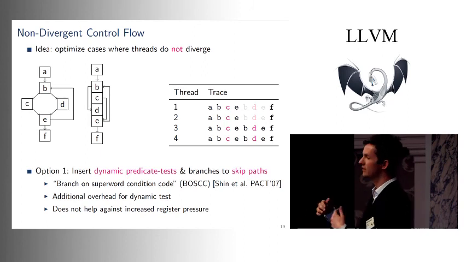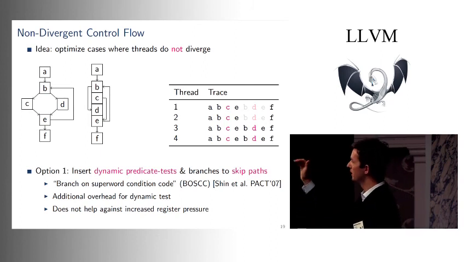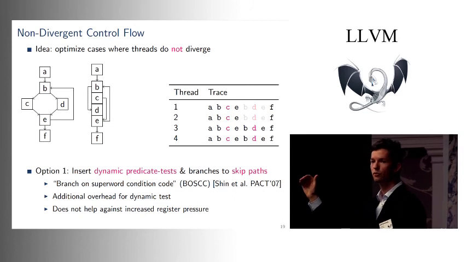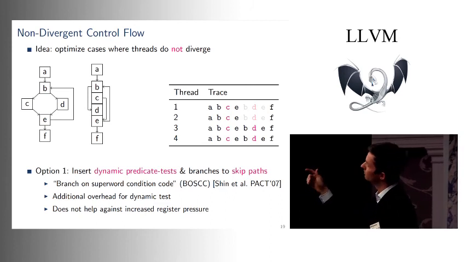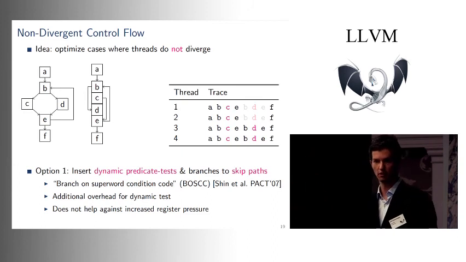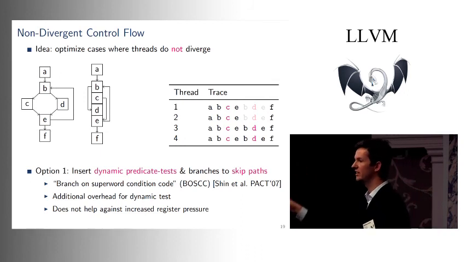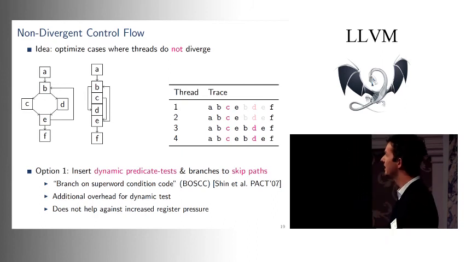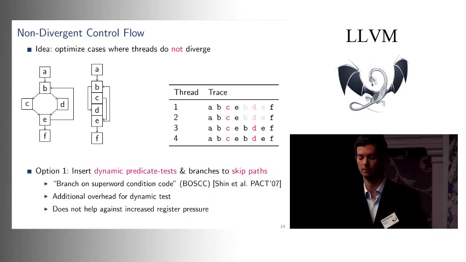That means you test at runtime the mask in block B and see if it's entirely true. If it's entirely false, you can skip block C and directly jump to block D, which means you execute less code, so you achieve one of the goals. But since it's still linearized code, you still have the problem with register pressure. You can't get around that, because it might still be the case that everything is executed. So you still have linearized code.